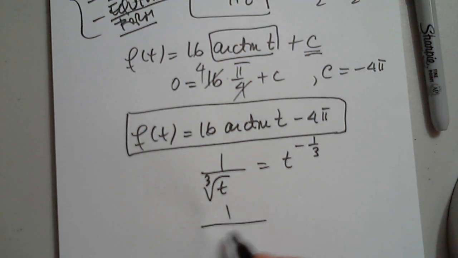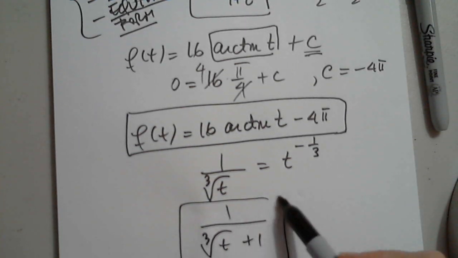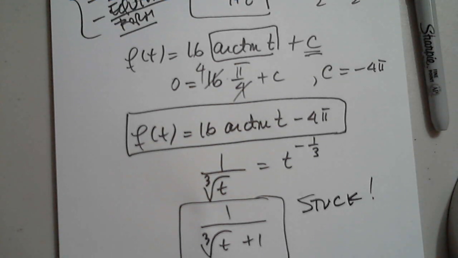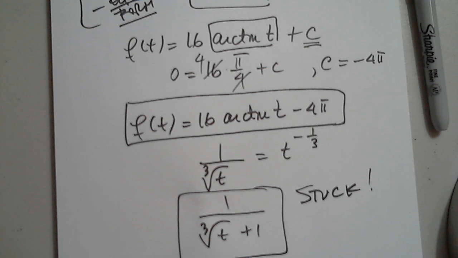But if I have 1 over the cube root of t plus 1, I'm stuck. Because it has 2 terms or 2 quantities, because this is not a polynomial. So don't try anything with two terms in a denominator.